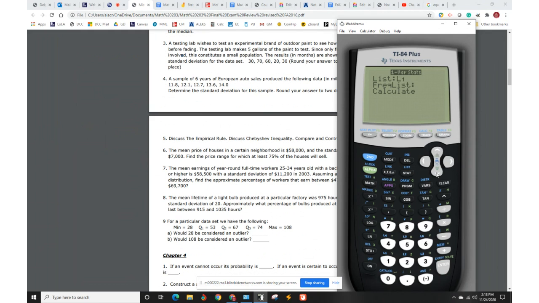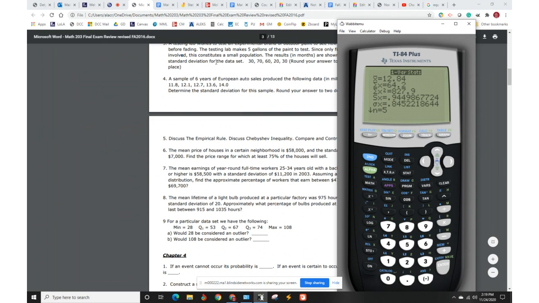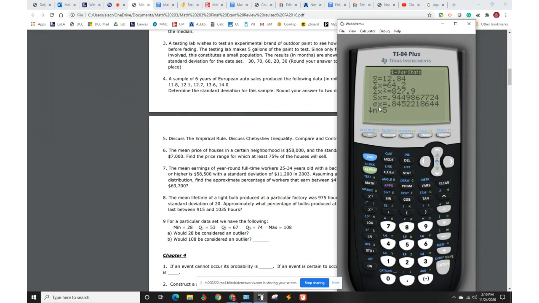I don't know how to do it offhand. Well, anyway, I was just going to show you that on that one too, that you get both of them. You just got to remember, S is the sample. That bottom one, the sigma x, is the population.